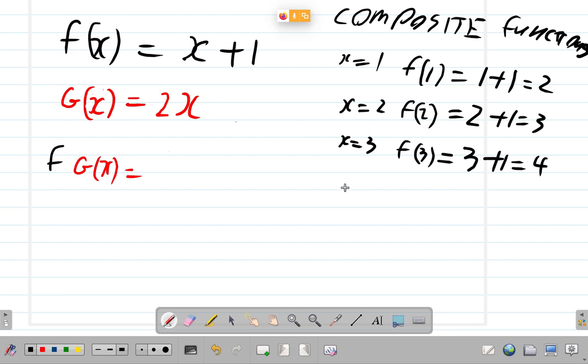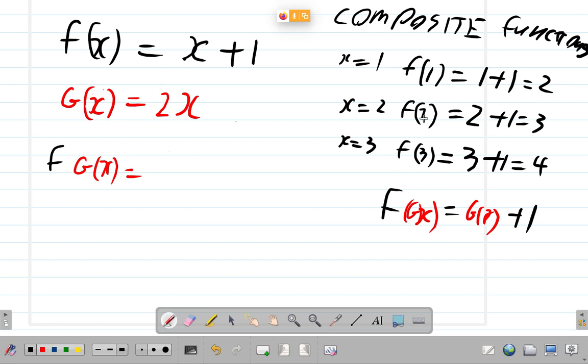The question now is, what do you do when you're finding f of g? Now, when you're finding f of g, you do the same thing. You remove the x, and you put the g there. So it's g plus 1. It's just that instead of individual numbers, you put the other function there. When you find f of 1, you remove x and put 1 there.